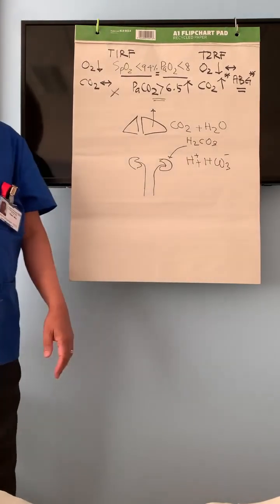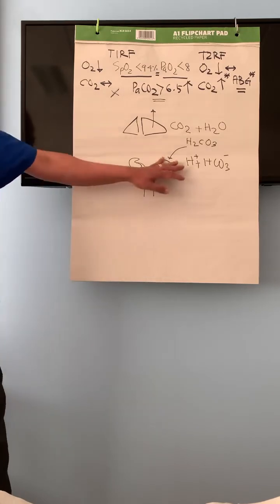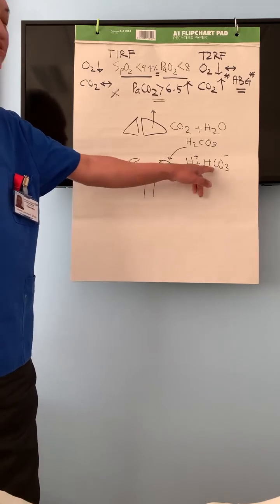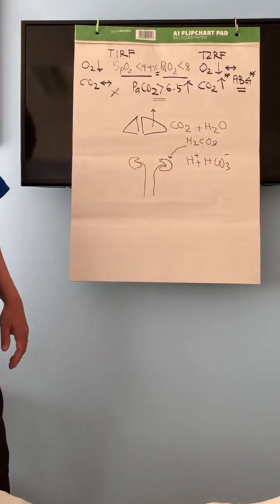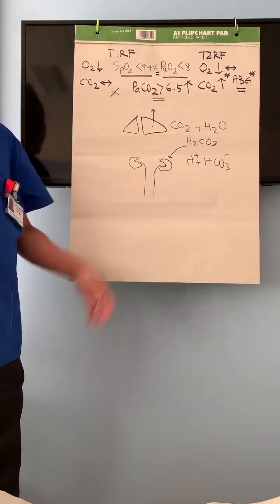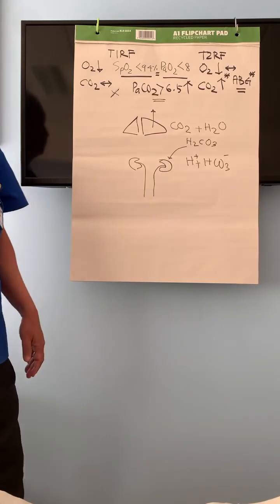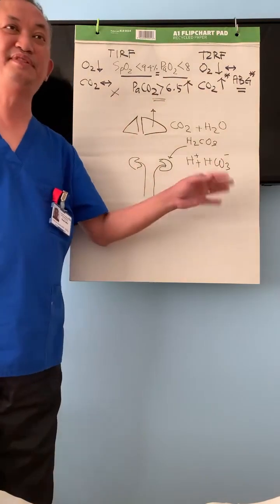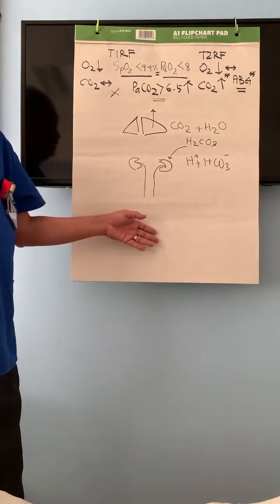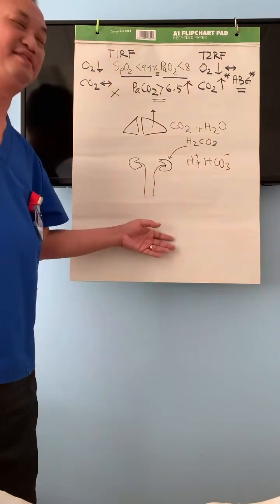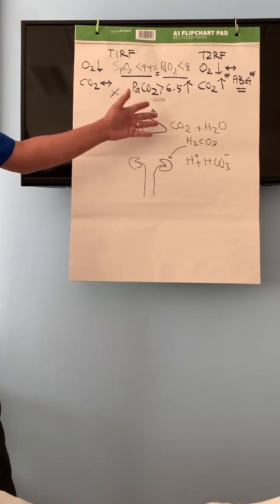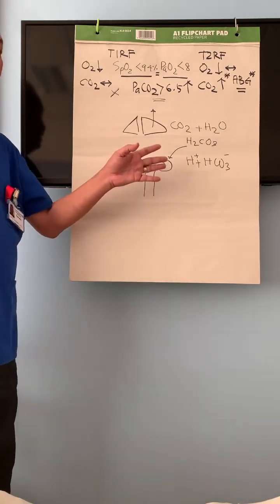So this is how carbon dioxide mixes with water, and how carbon dioxide turns into H plus acid and HCO3 minus alkali bicarbonate. The kidney obviously cannot handle carbon dioxide directly, so the carbon dioxide needs to be transformed into something adaptable for the kidney. Of course, the kidney can excrete the H plus and HCO3 minus in the urine. That's how carbon dioxide is handled with the help of the kidney in the body.